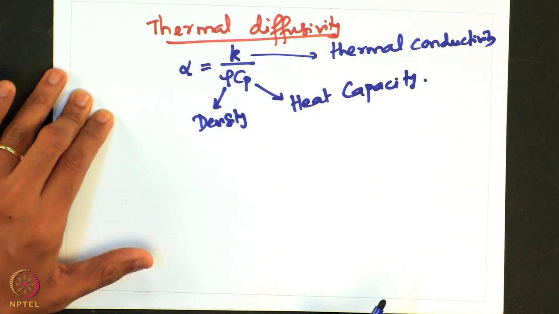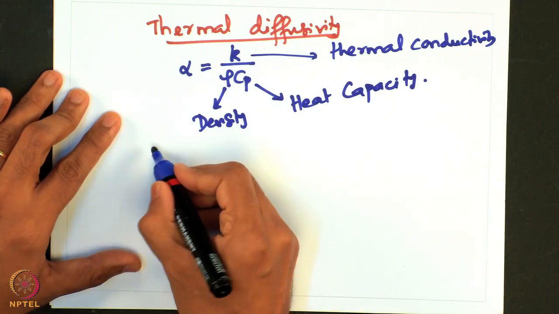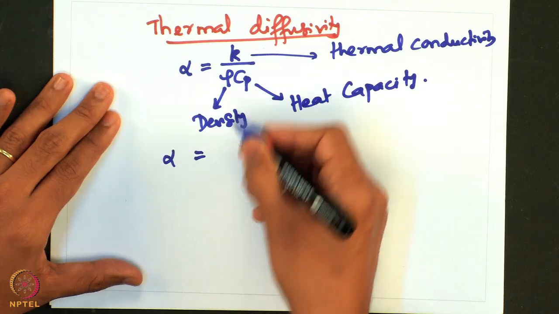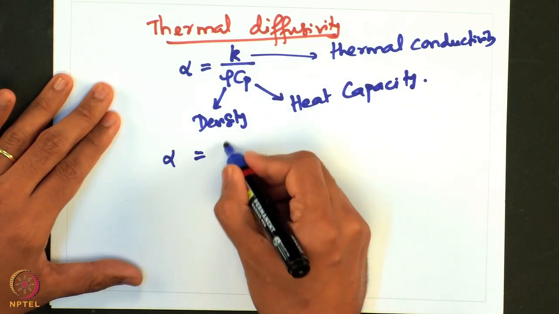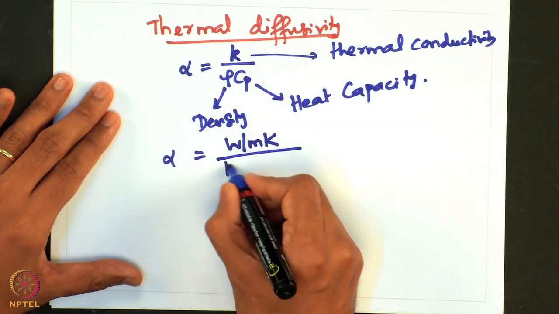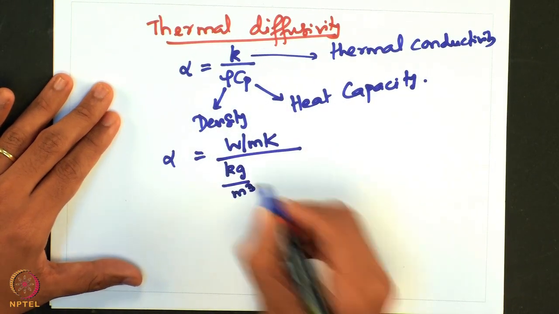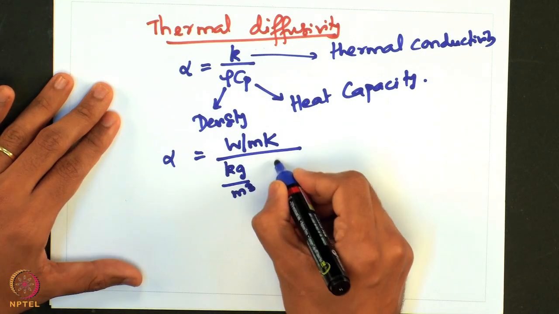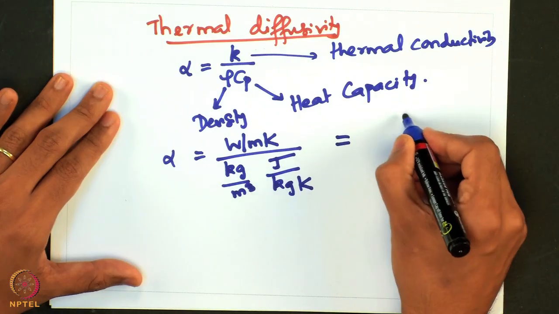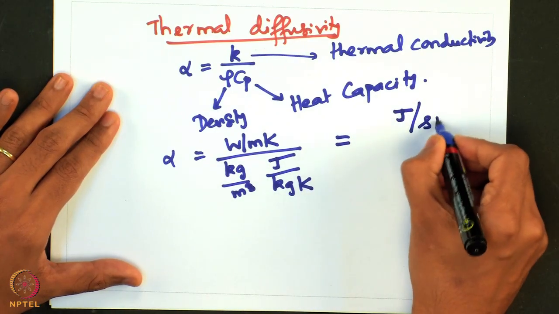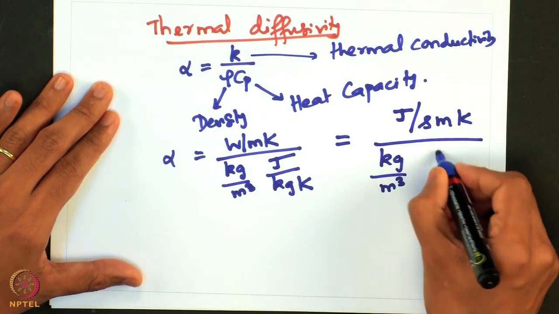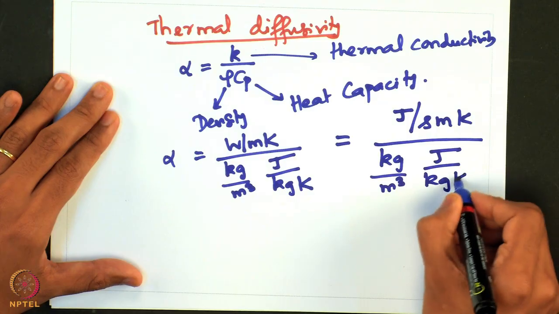So, what will be the units of thermal diffusivity? The units of thermal conductivity are watt per meter Kelvin, the units of density are kilogram per meter cube, and the units of specific heat capacity are joule per kilogram Kelvin, which is joules per second meter Kelvin, divided by kilogram per meter cube times joules per kilogram Kelvin.